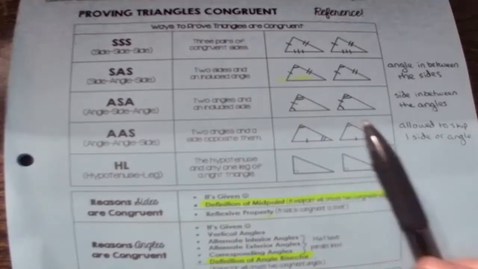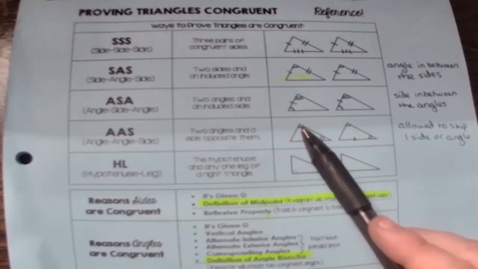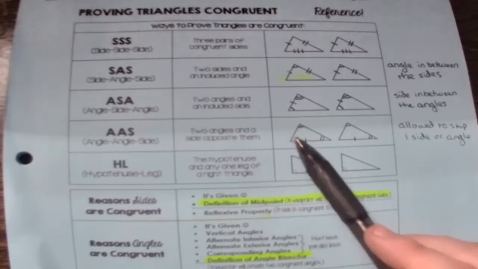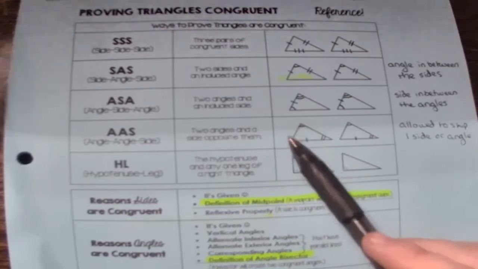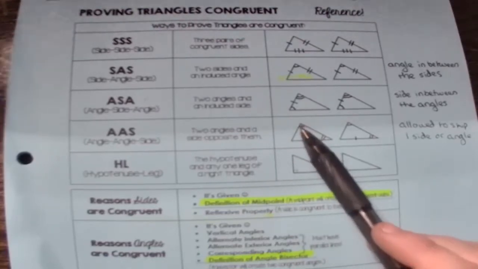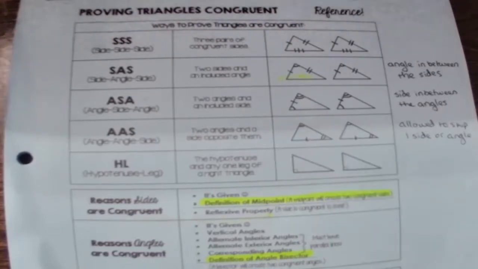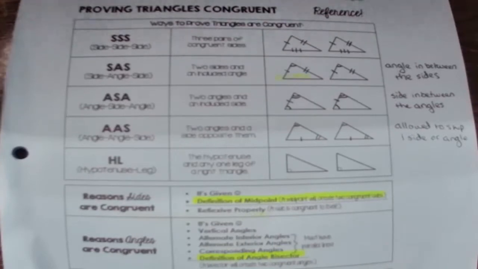So that's okay. I can't go around the other way, because if I went from here to this, I would have to skip a side and an angle. That is a no-no. So it can't be angle, side, angle, because I would have to skip a side and an angle to get here. So just keep in mind that you are only allowed to skip one side or one angle.